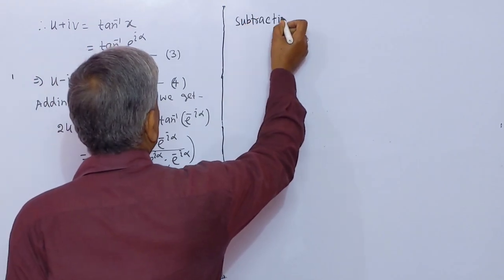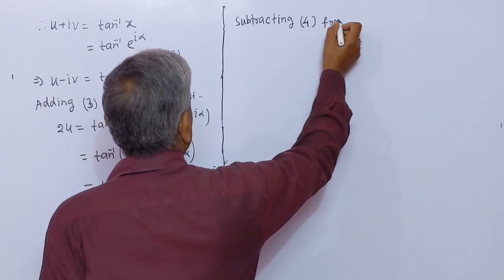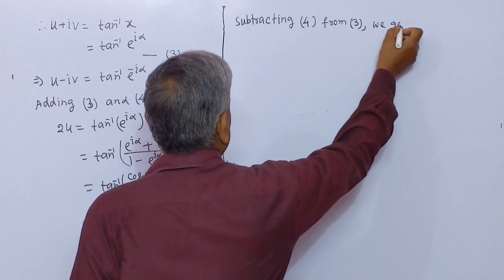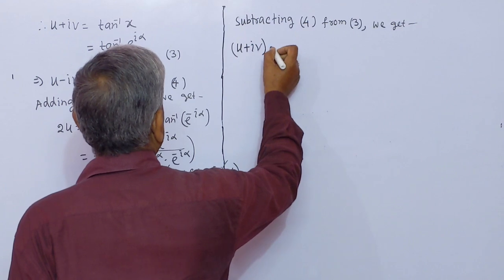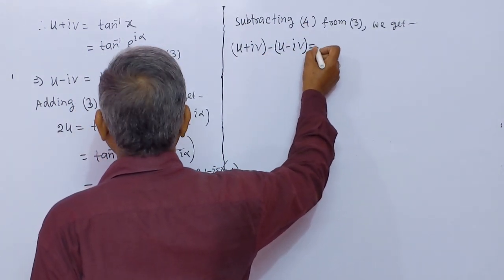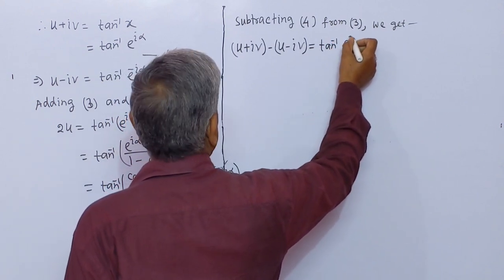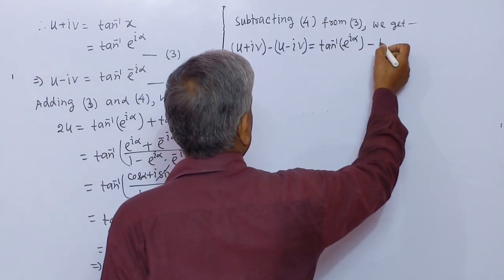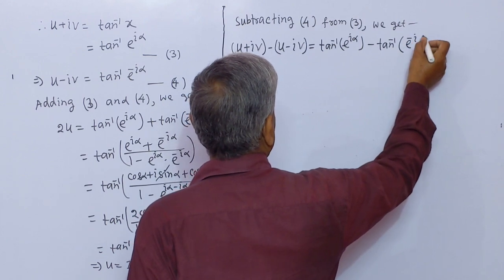Subtracting 4 from 3, we get u plus iv minus u minus iv. This is equal to tan inverse e to the power i alpha minus tan inverse e to the power minus i alpha.